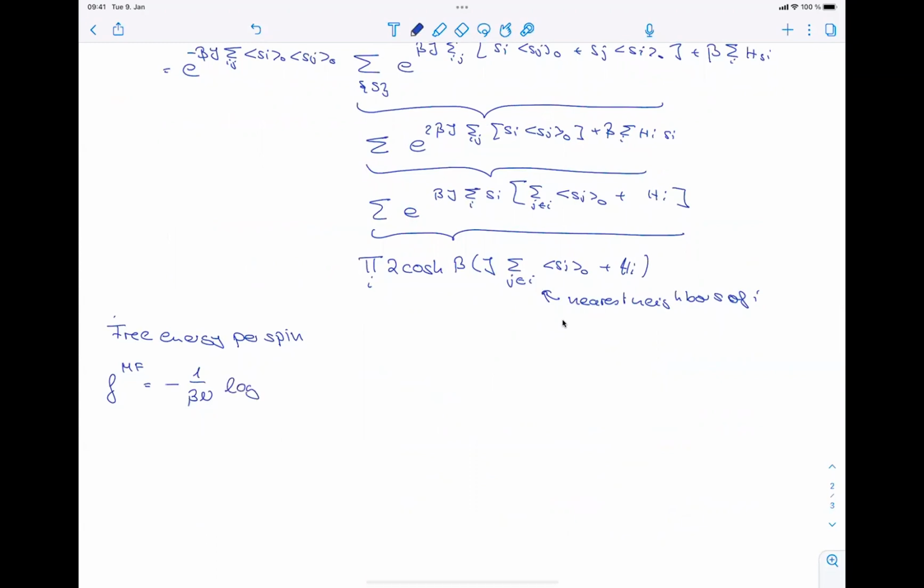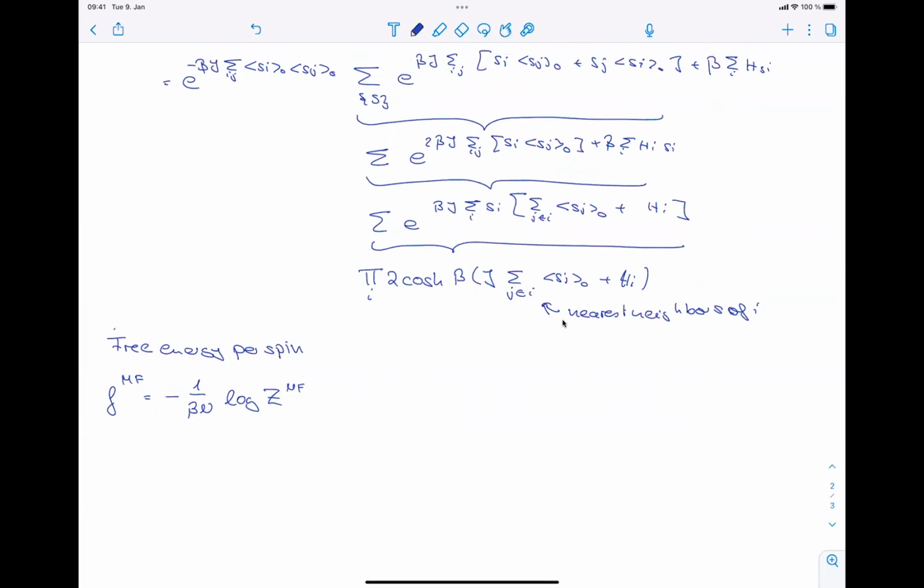That's the log of the mean field partition function. A better formal notation would be to treat this as this phi.